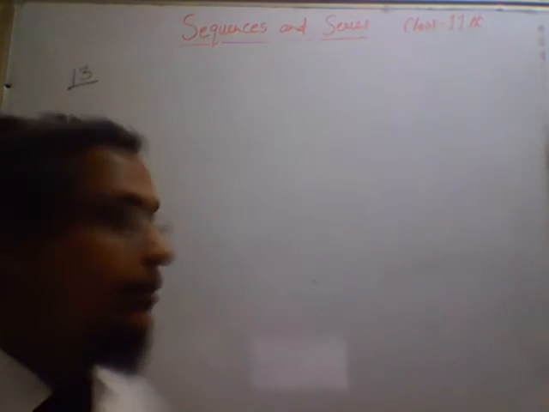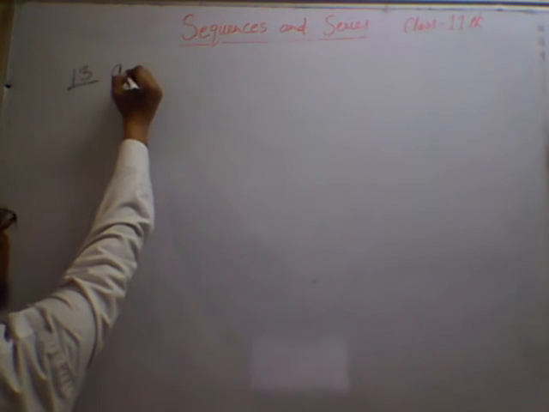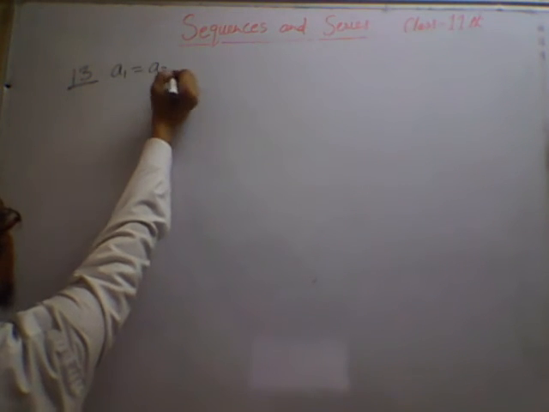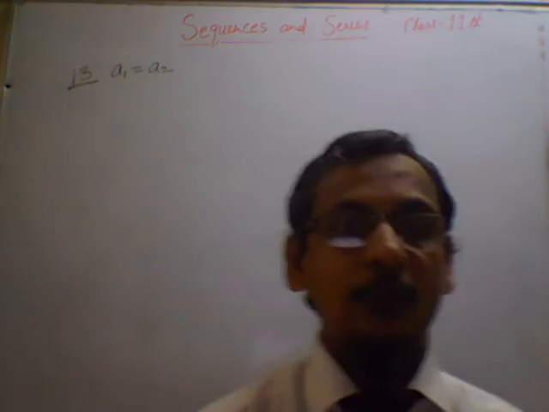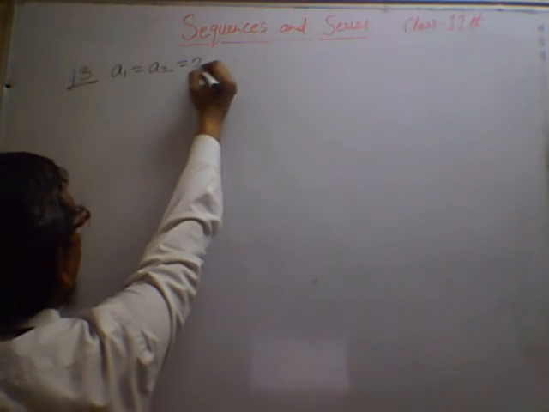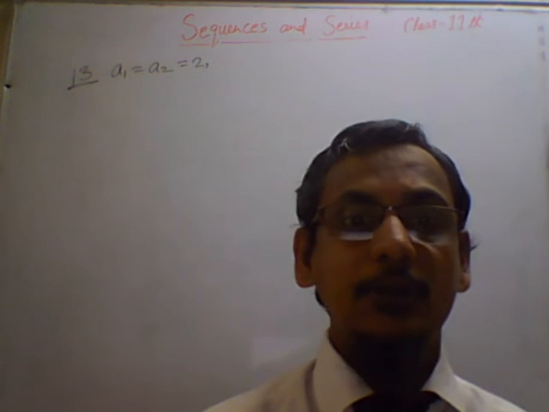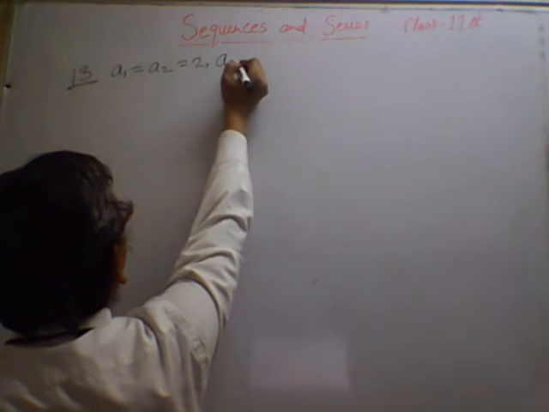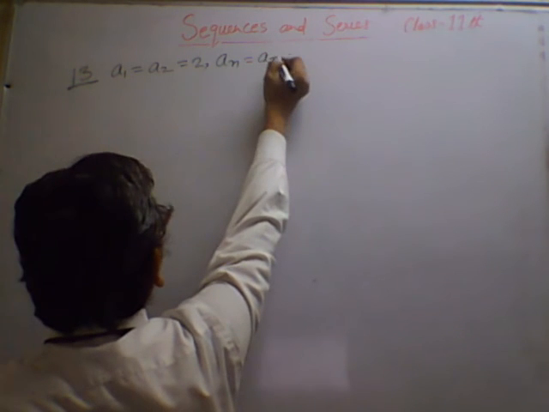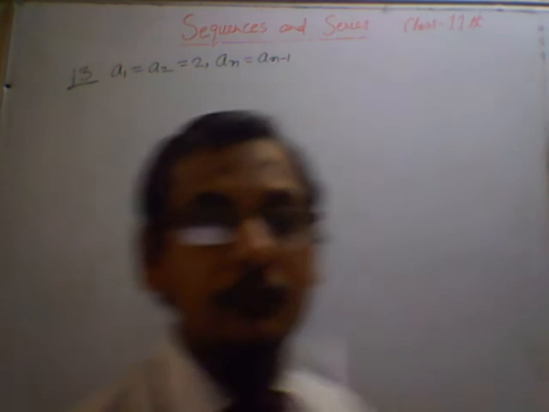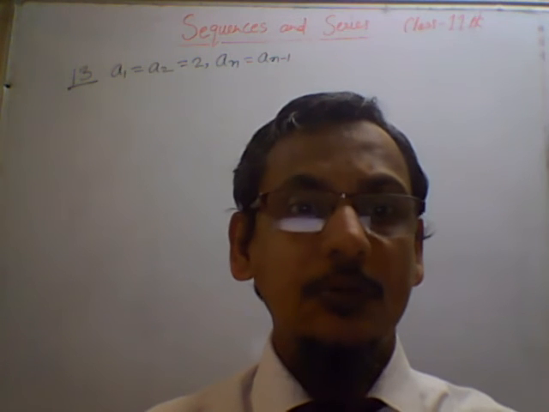A1 is equal to A2, equals 2. An equals An minus 1.